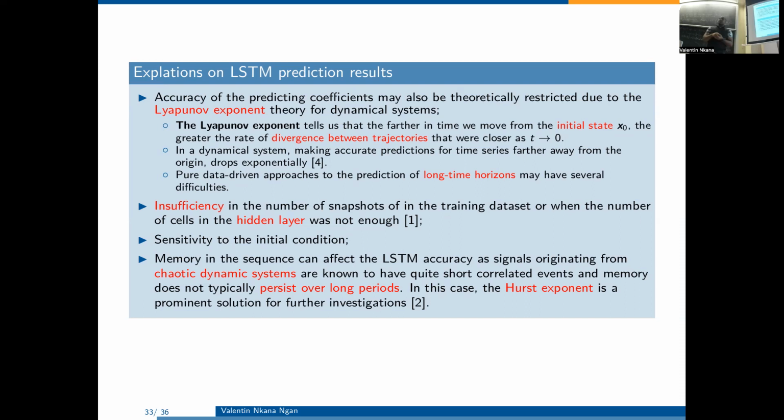If the memory is not present, you may also face this kind of oscillation. For a deeper investigation, in the literature there's the Hurst exponent, which can tell you whether memory exists in some data or not.